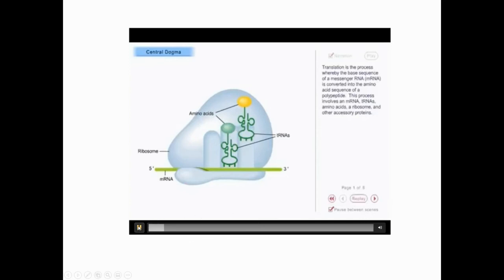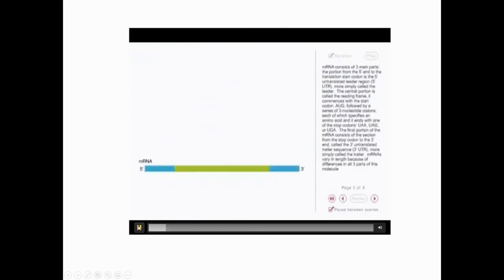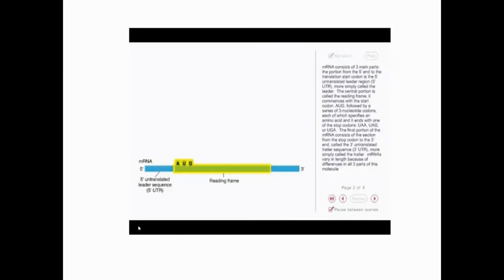mRNA consists of three main parts. The portion from the 5' end to the translation start codon is the 5' untranslated leader region, more simply called the leader. The central portion is called the reading frame. It commences with the start codon AUG, followed by a series of 3-nucleotide codons, each of which specifies an amino acid, and it ends with one of the stop codons, UAA, UAG, or UGA.